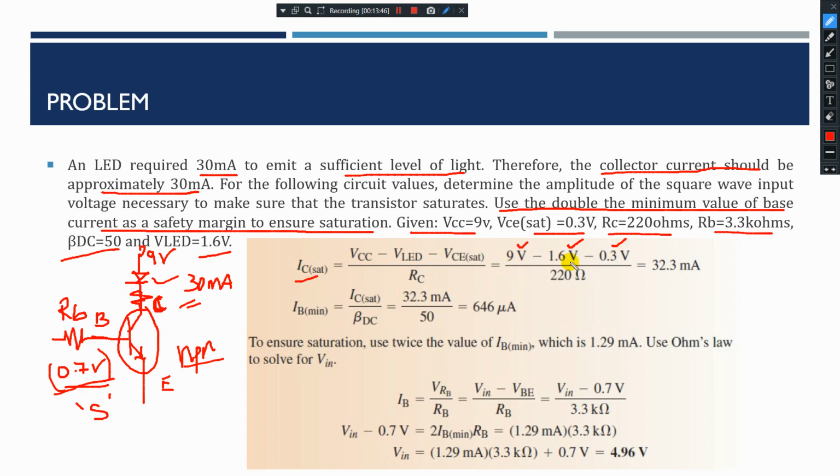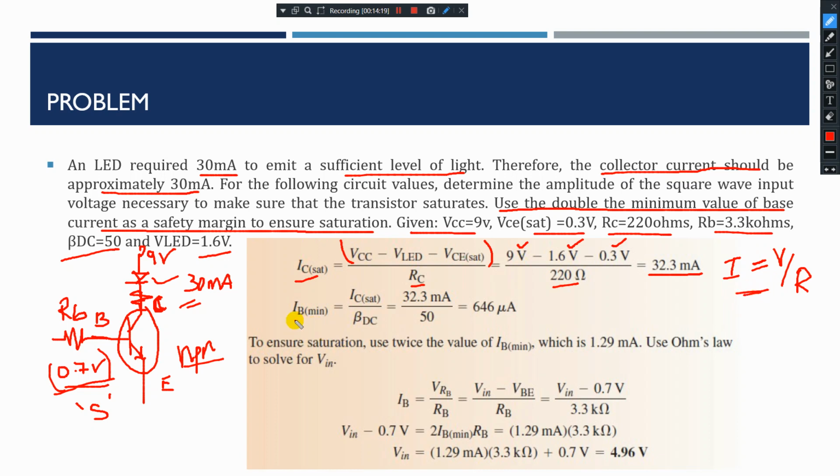So 9 minus 1.6 minus 0.3, divided by 220 ohms, the resistor through which the current flows. That comes around 32.3 milliamps. This is nothing but your Ohm's law, I is equal to V by R, where V is VCC minus VLED minus the collector to emitter saturation voltage.